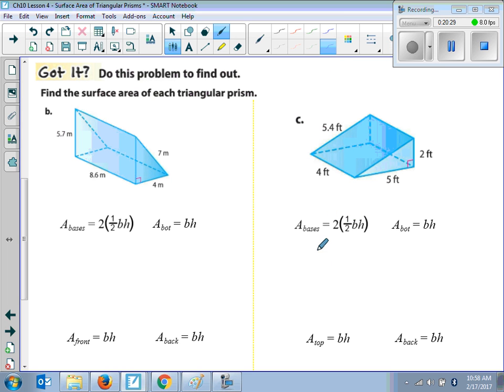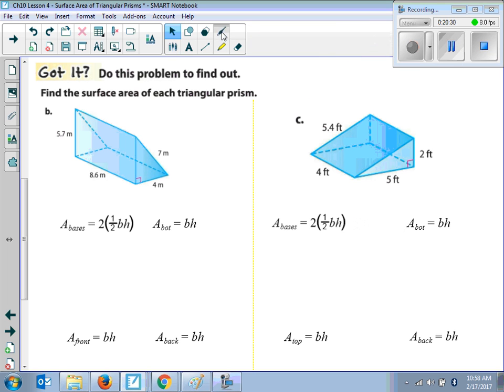Okay? So now we're going to substitute what we know. So when we substitute what we know, we've got 2 times 1/2 times the base of this triangle is 5, times the height of this triangle, which is 2.